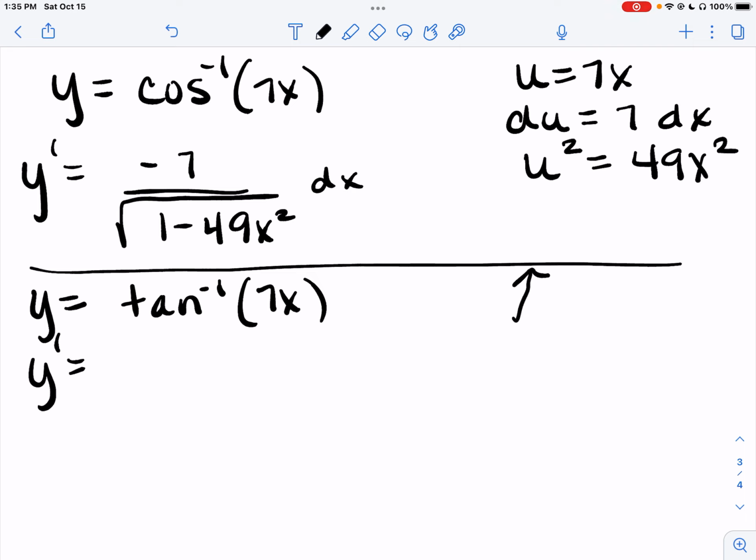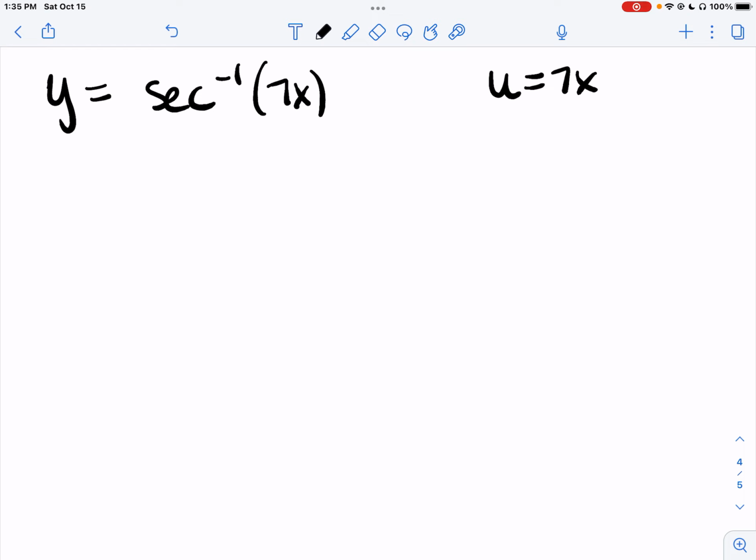For the tangent, you have your du and 1 plus u squared. Okay, same thing, u squared, du.